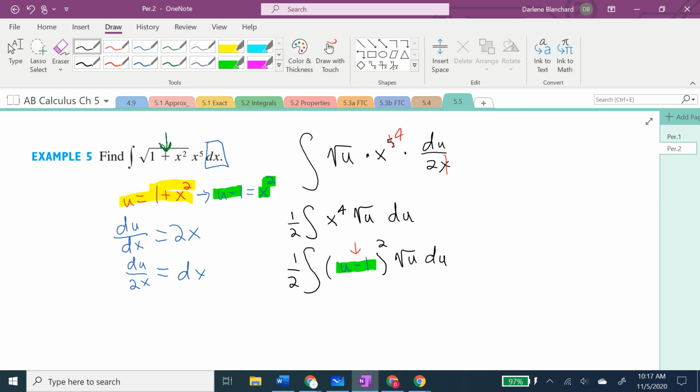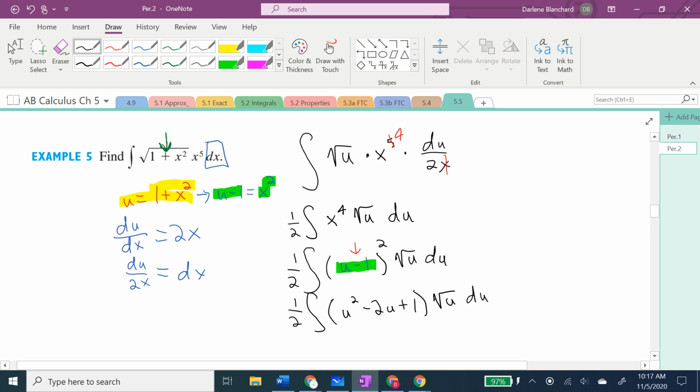So I'm going to expand u minus 1 quantity squared: u squared minus 2u plus 1. I don't have a rule for multiplication, but I don't have an addition in my square root anymore.